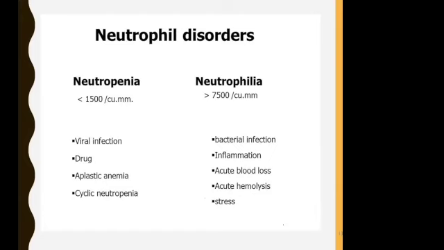If you paid attention to how I said the neutrophils behave, they engulf and destroy foreign substances. Bacteria do not reside within the RBCs or within the cells. They're usually outside, so it's easy for the neutrophils to go to the site of the inflammation, encounter a bacterium and eat it.